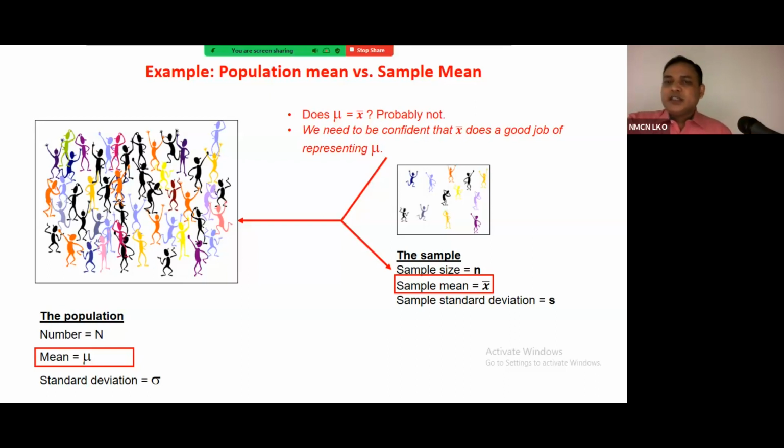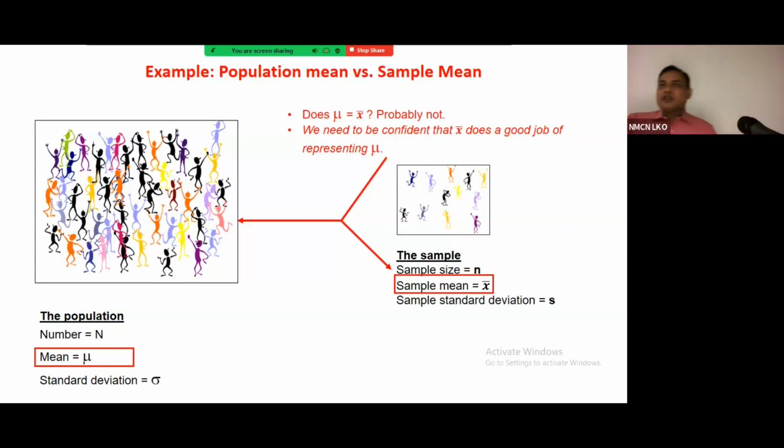Generally, it is not always possible that the sample mean is equal to the population mean. So why does it not come out equal?